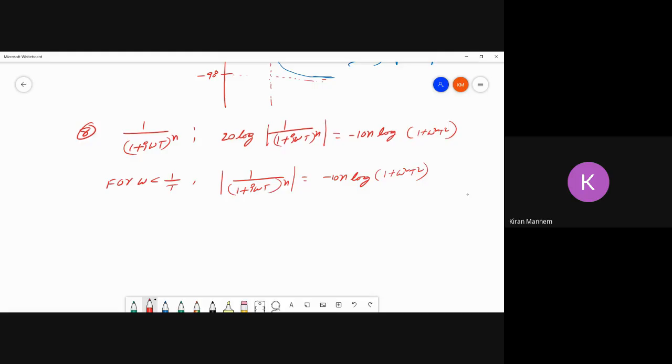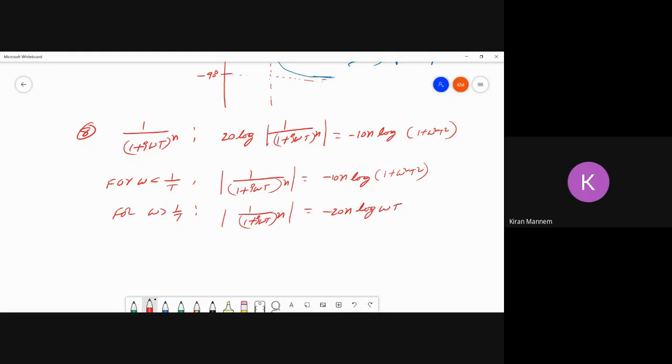Even for omega greater than 1 by t, the magnitude of 1 by (1 plus j omega t) whole to the power of n is minus 20n log omega t.